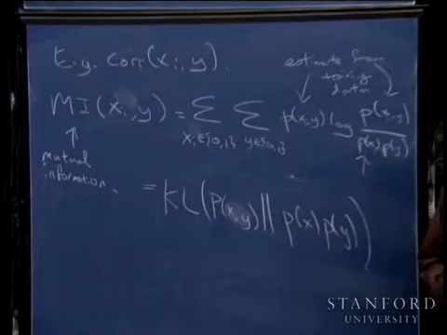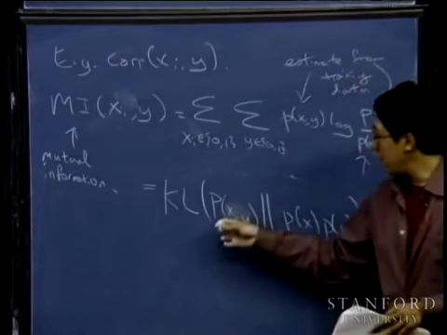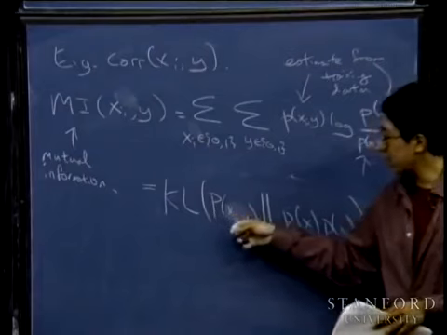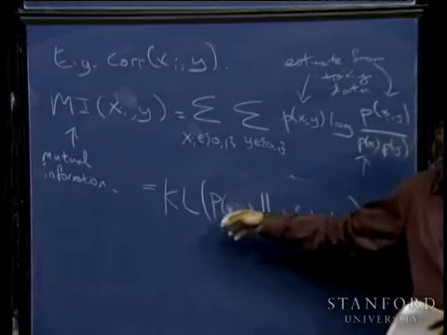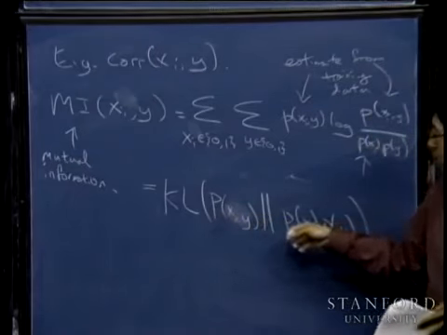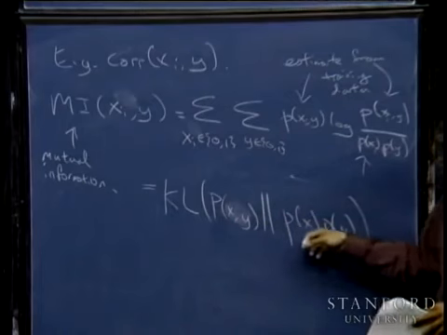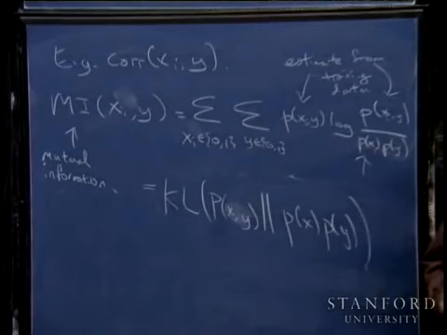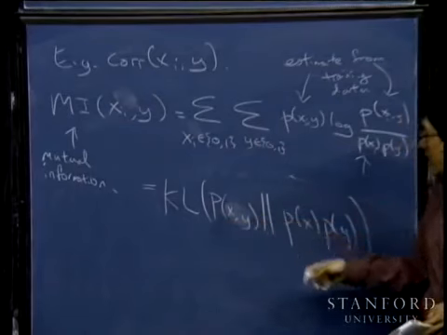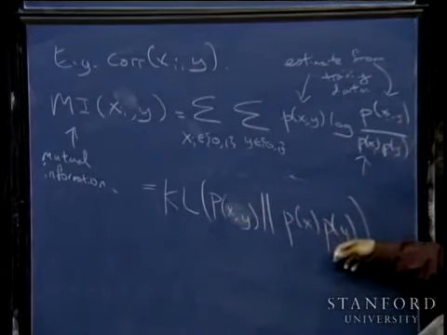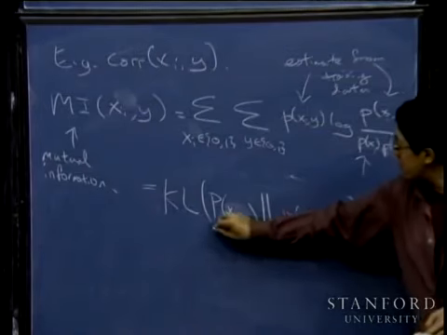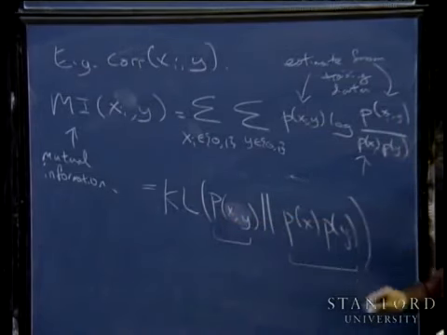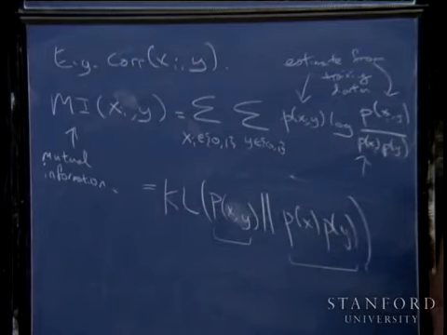Mutual information measures how different the joint distribution of x and y is from the distribution you would get if you assumed they were independent. If x and y were independent, then P of x comma y would be equal to P of x times P of y, so the two distributions would be identical and the KL divergence would be 0.